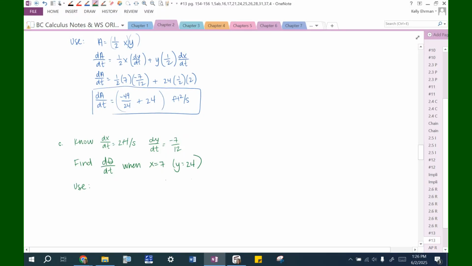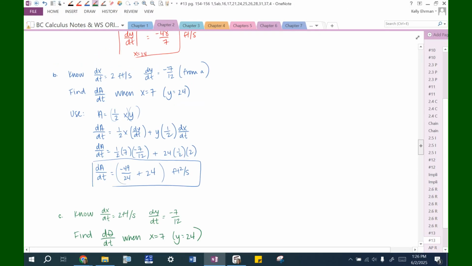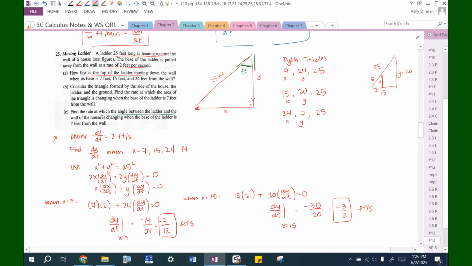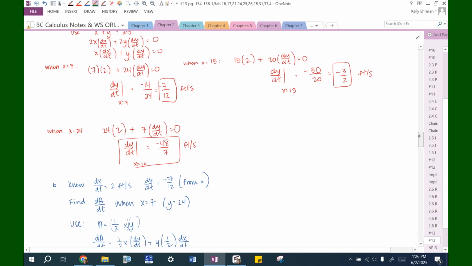And I need to use, so you can use any trig equation here. It's traditional to use tangent, but if we think about this, why use tangent when tangent would be x over y, and I'd have to do quotient rule with that, versus using sine or cosine where the opposite over hypotenuse or adjacent over hypotenuse, you only have one variable there. So that's just a really easy power rule there. So I'm going to use sine.